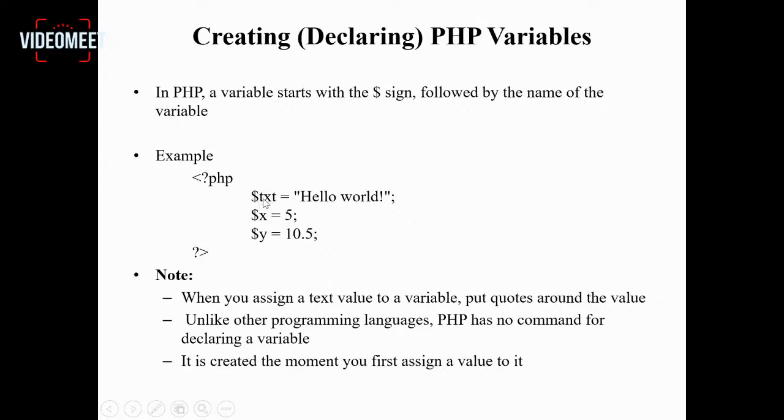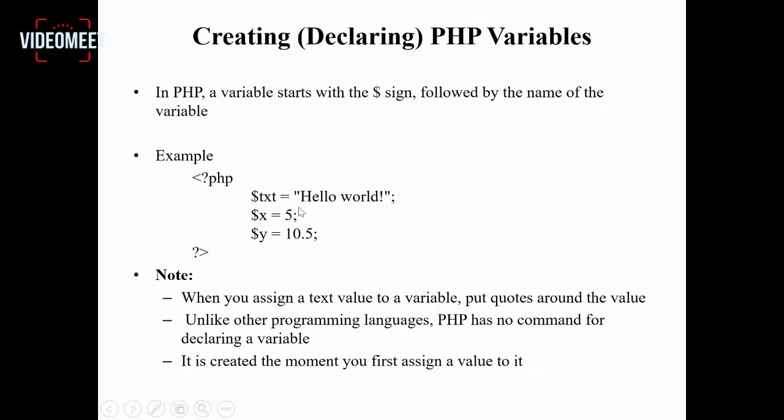So now txt, for example in this program, is a variable name, but before that variable name I'm using a preceding dollar symbol. This is going to store a string, hello world. So there is no need to mention the data type like in Python, right? It is not strongly typed. It is a loosely typed programming language, like Python.